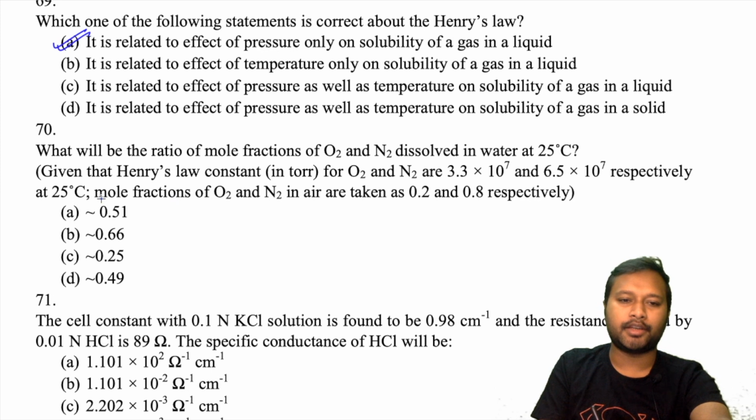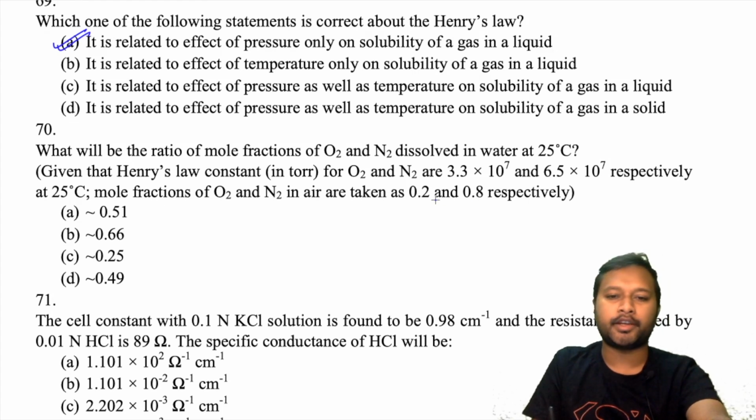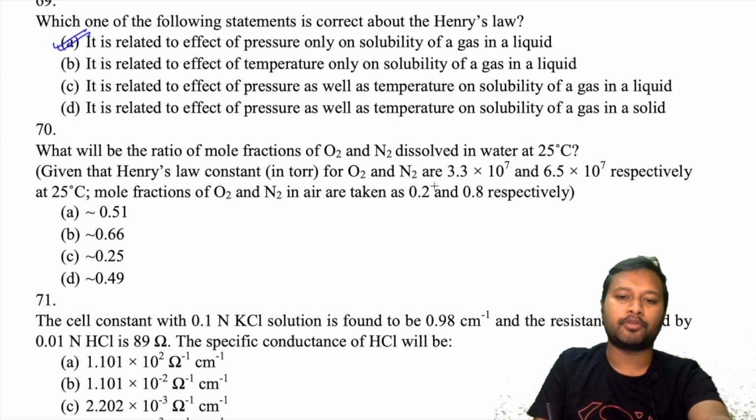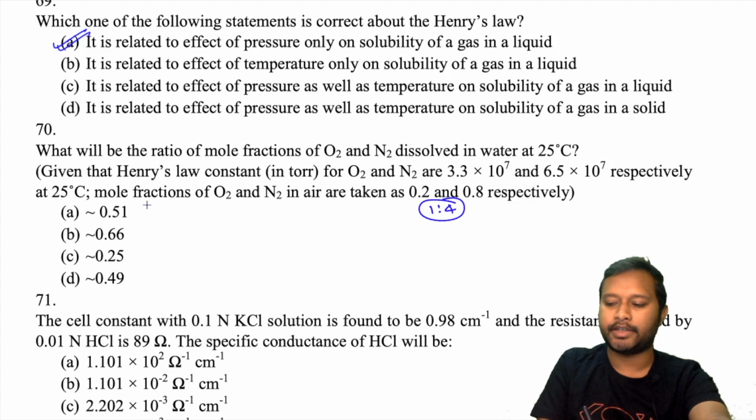See, this thing now, mole fraction of O2 and N2, it should have been mentioned like partial pressures, or you can understand that the mole fraction is only going to affect the partial pressure. So if the mole fractions are 0.2 and 0.8, their ratio is going to be 1:4, right? The ratio is going to be 1:4, and the same ratio is going to be for the partial pressures of O2 and N2 both. Why am I telling so? Because the formula needs that.